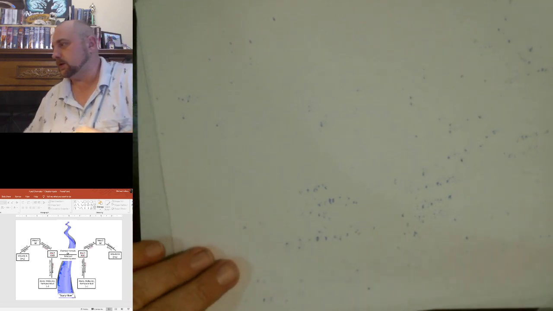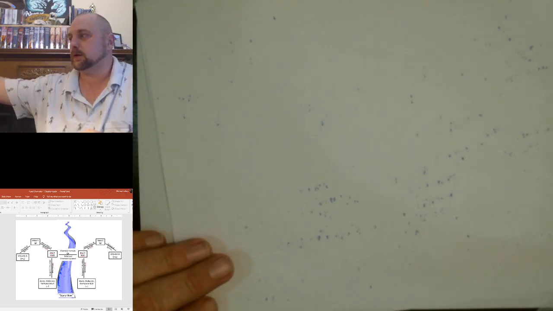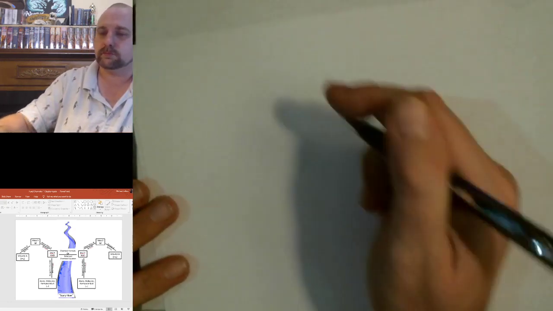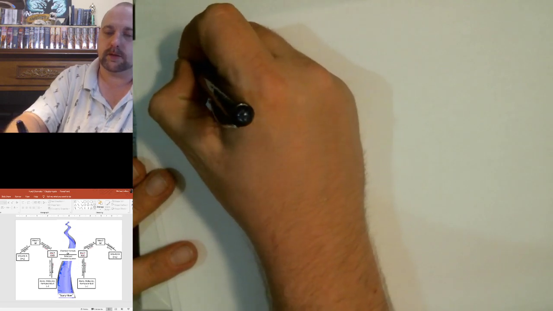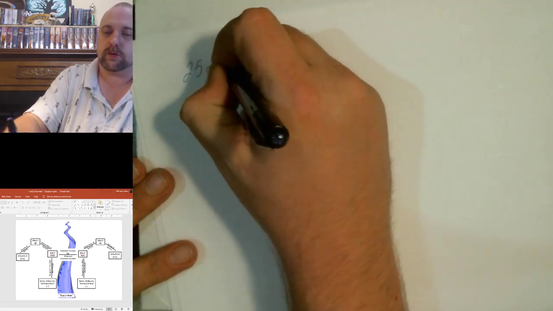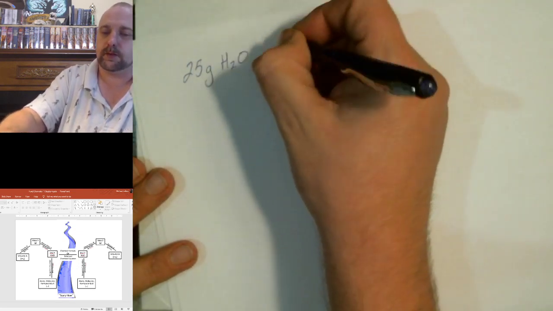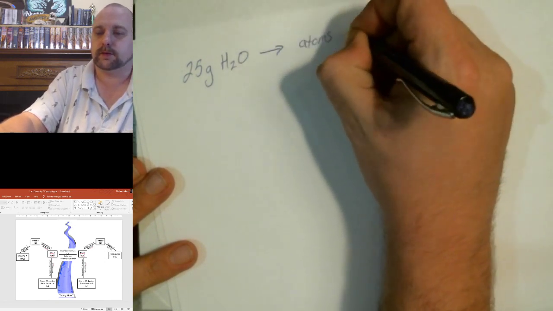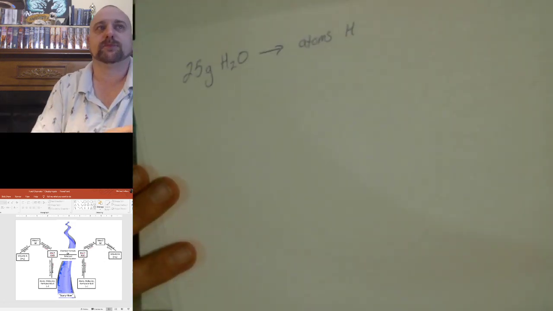Let's work an example problem we might see, for instance, out of the pre-lab. It might tell us we've got 25 grams of water, and it asks us to figure out how many atoms of hydrogen that is.